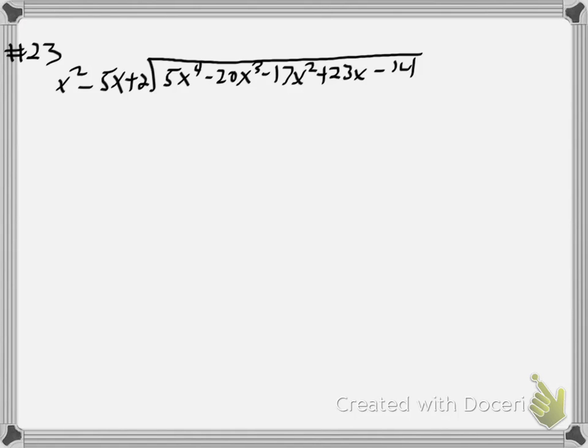And so the first thing is I've got my columns, here's my columns of things, of my x squareds, my x's, and my constants. Okay, so there it is there.